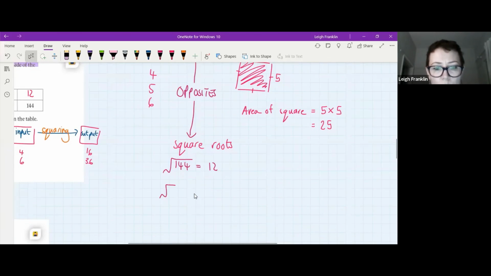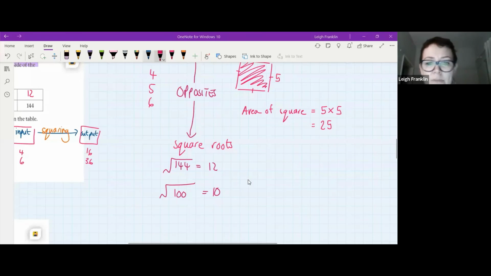Or if I wanted to work out the square root of 100, I would get 10. So it's going back in the other direction. It's starting with the answer and working back to the question, starting with output and working back to input.